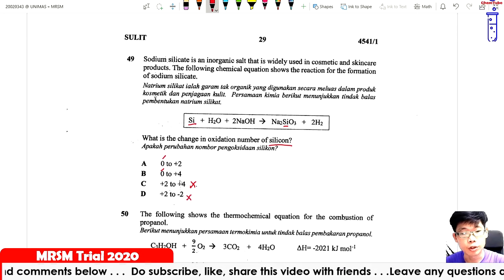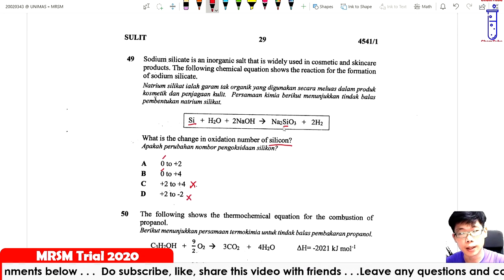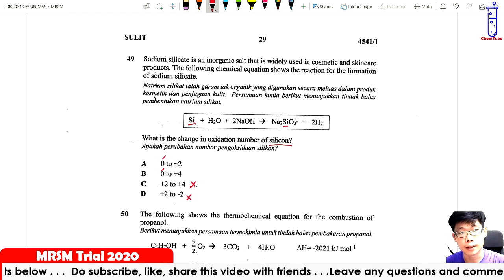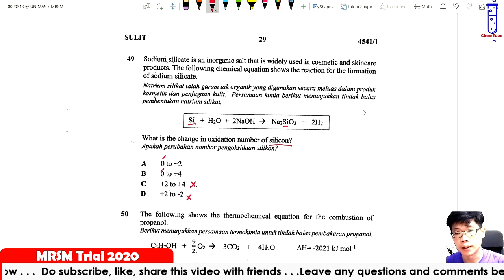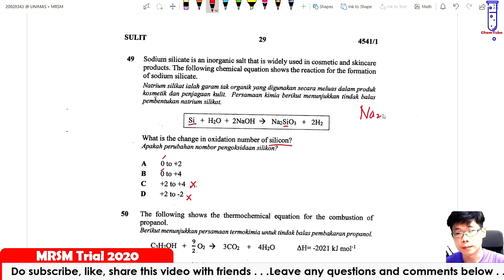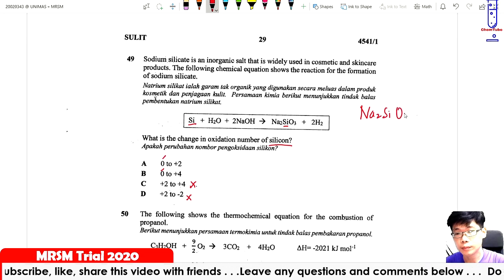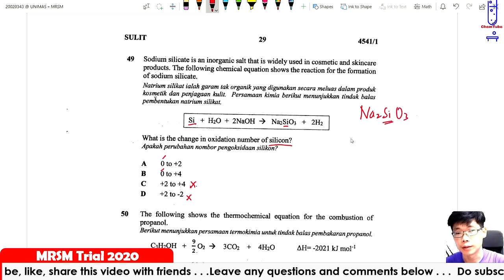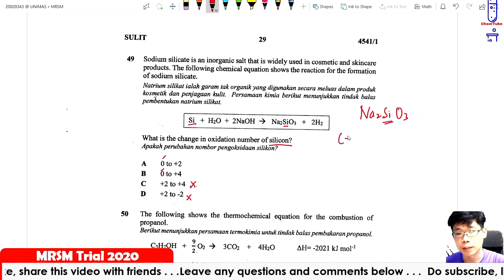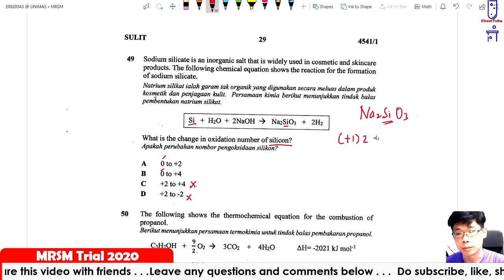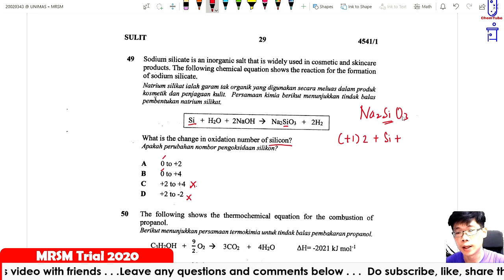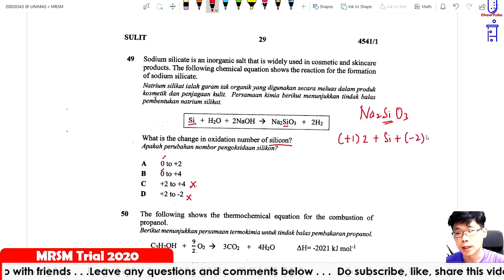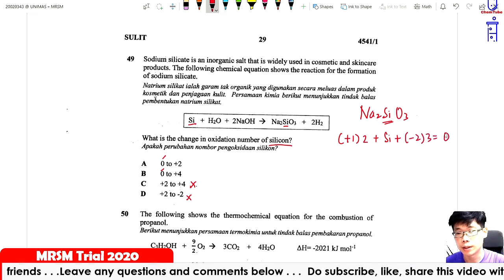So we have to check the oxidation number of silicon in the sodium silicate. Sodium is group 1, so plus 1 times 2, plus silicon, then oxide is minus 2 times 3, equals to 0.